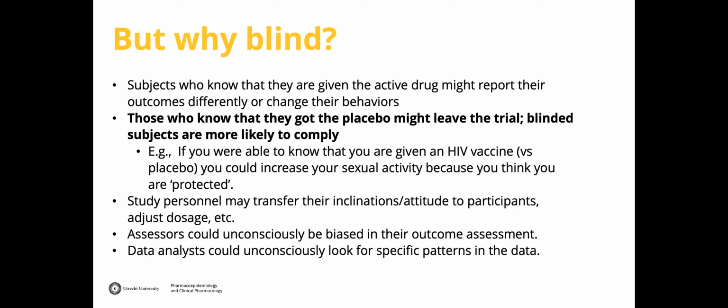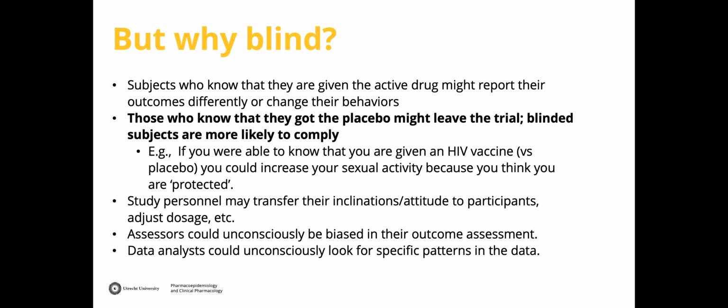If an outcome assessor knows that a patient's in the intervention group for an RCT of a new pain medication, they might ask different questions about a patient's pain. They might probe them differently, and they might also report their pain scale a bit differently.